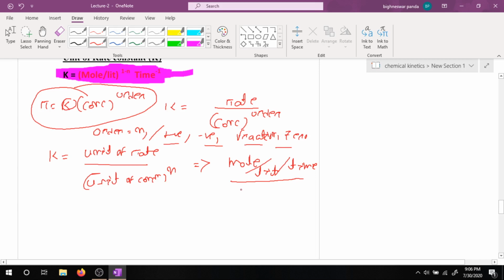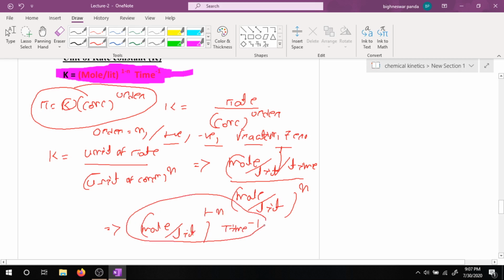The unit of concentration will be mole per liter to the power n. Here mole per liter to the power 1, here mole per liter to the power n. Taking it above, I can write mole per liter to the power 1 minus n, time to the power minus 1. So this is the unit of rate constant.